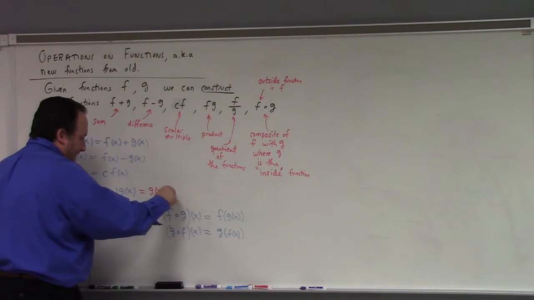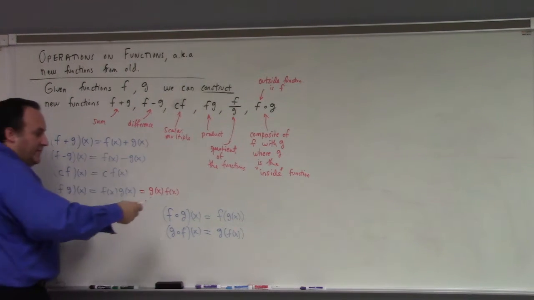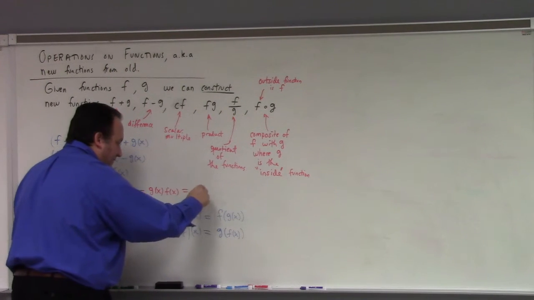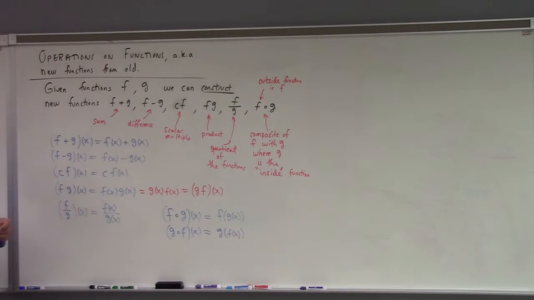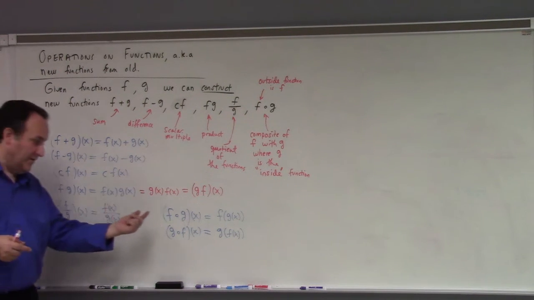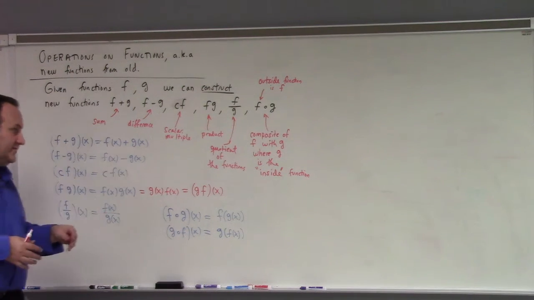That's exactly what we would define to be the product of g times f of x. So f times g is equal to g times f. But f composed with g does not have to be equal to g composed with f. These are really, really different.